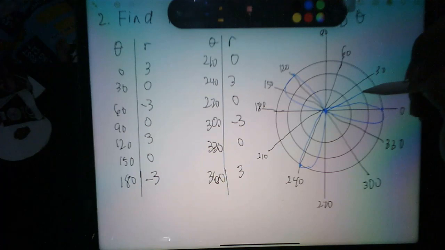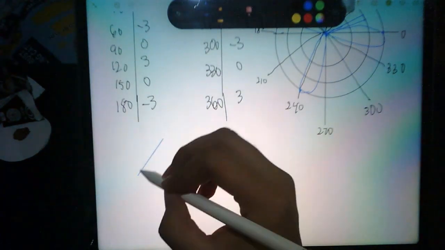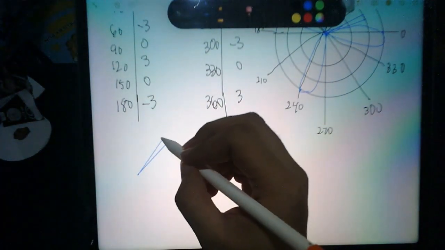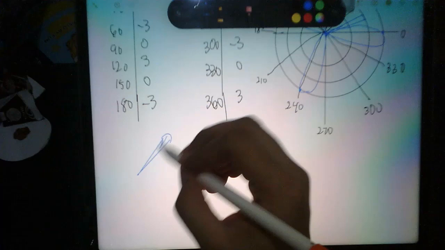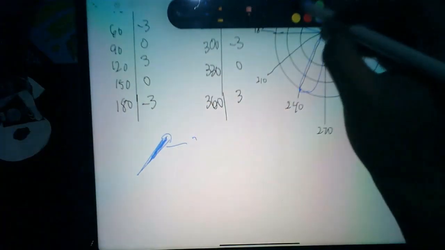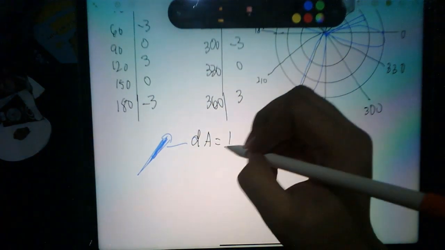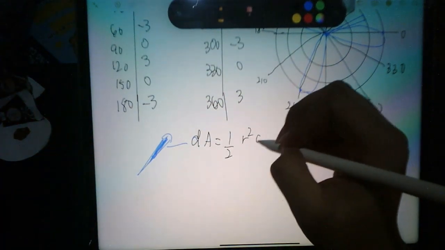Our strip here. By putting that outside, the differential area is equal to 1/2 r squared d theta.